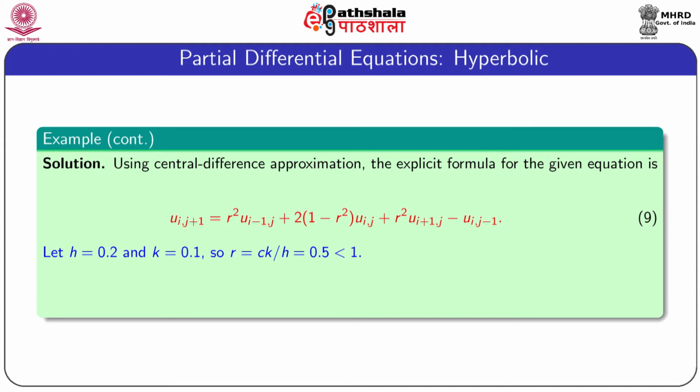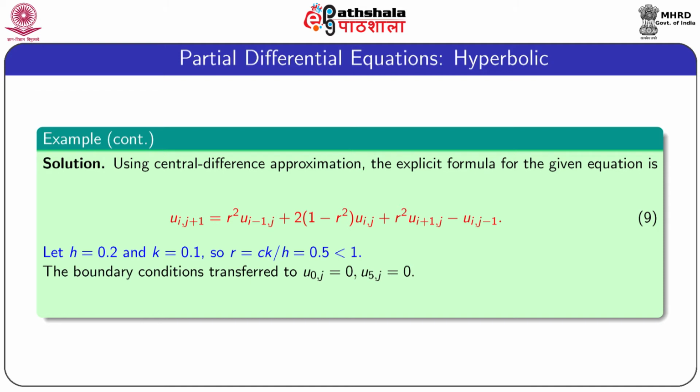For this case, we assume that h equal to 0.2. According to the problem, we have to select the value of h as 0.2 and k equal to 0.1. Therefore, r equal to ck by h equal to 0.5. The value of r should be less than or equal to 1. So, for this case, the value of r satisfies that condition. That means, the method can be applied for the given differential equation.